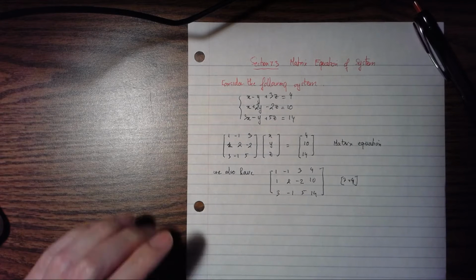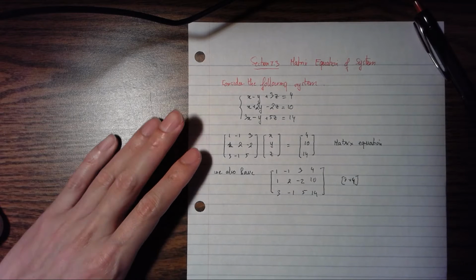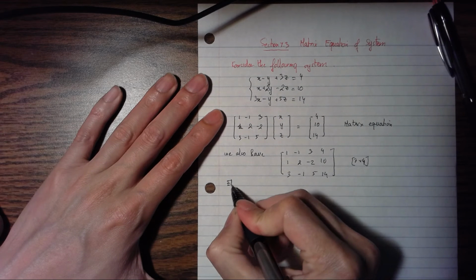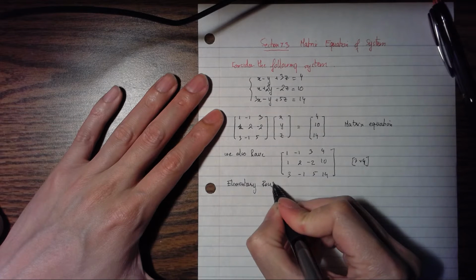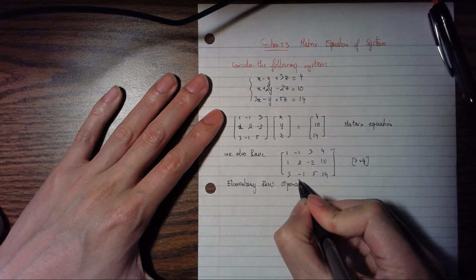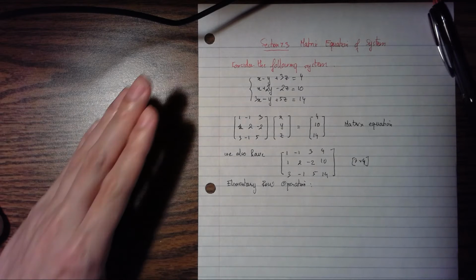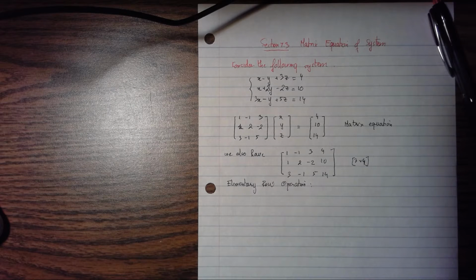But what is an elementary row operation? We need to know what it is first, right, before we can do anything. There are 3 types of elementary row operations.